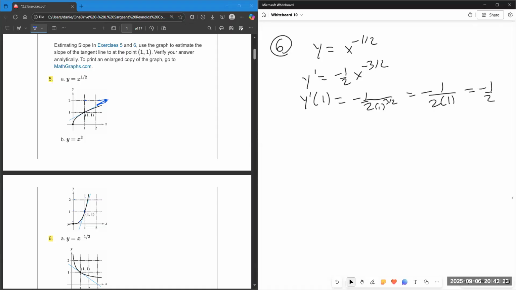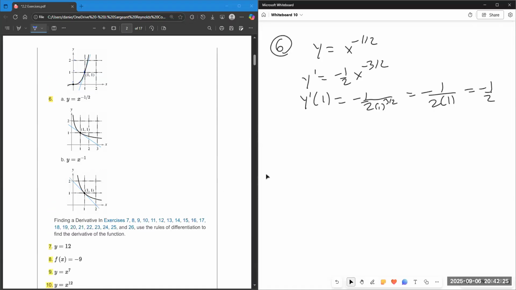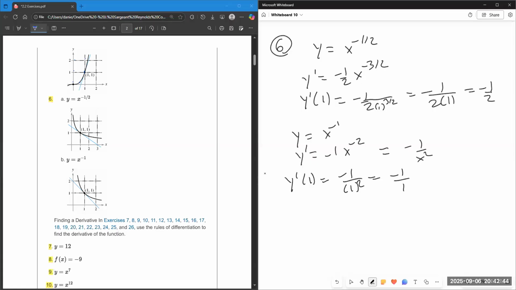So that's a negative 1/2 again. And then if y equals x to the negative 1st, y prime is negative 1 x to the negative 2nd, or negative 1 over x squared. y prime at 1 is negative 1 over 1 squared, which is negative 1 over 1, or negative 1. And we can see that pretty clearly here, down 1, right 1.